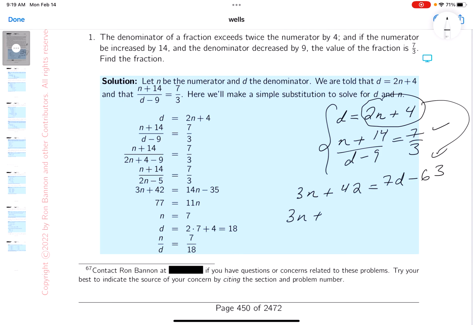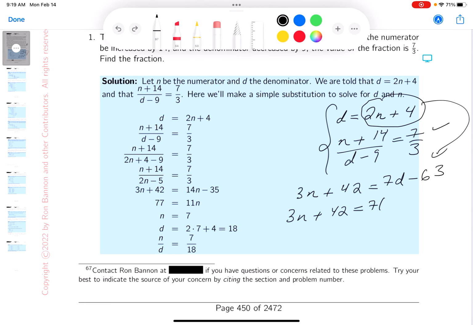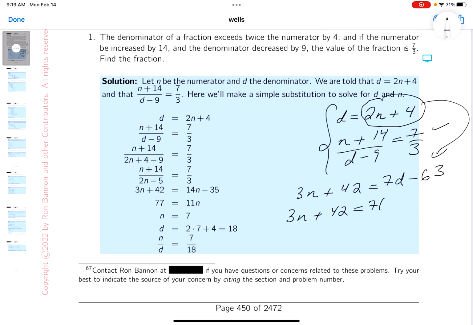3n plus 42 equals, well, d is 2n plus 4, so it's going to be 7 times 2, whoops, made a mistake, I'm going to back up, 7 times 2n plus 4, and then I get minus 63. Well, I got a nice simple equation now.